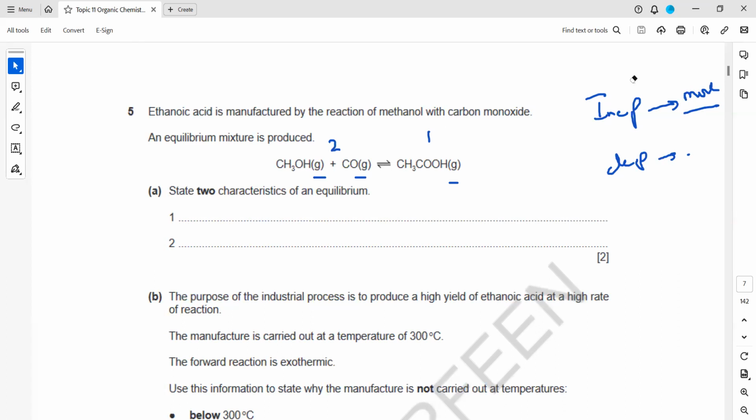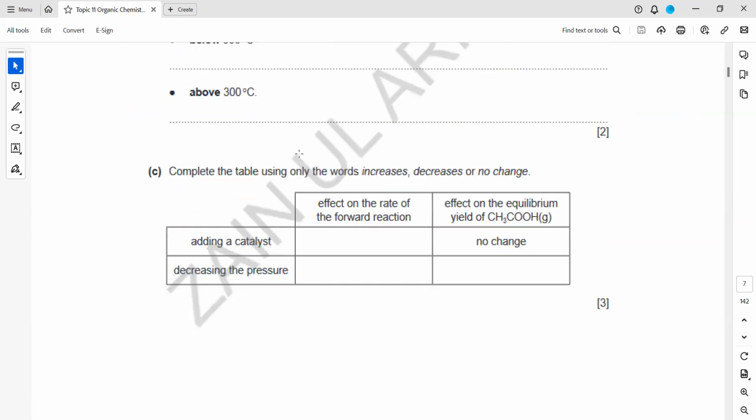If we increase the pressure, equilibrium will shift towards the side of fewer moles. And if we decrease the pressure, equilibrium will shift towards the side of more moles. Which side do we have more moles? We have more moles on the reactant side. So if we decrease the pressure, equilibrium will shift towards the left hand side, and the yield will decrease.